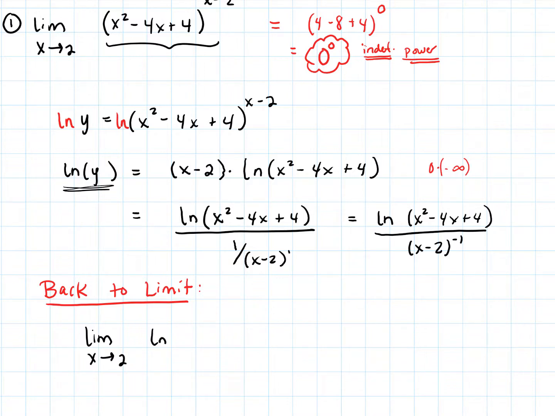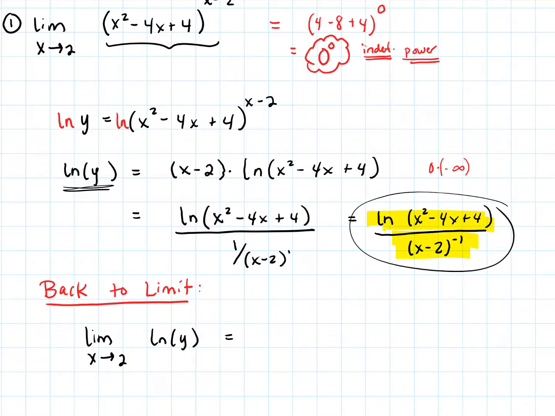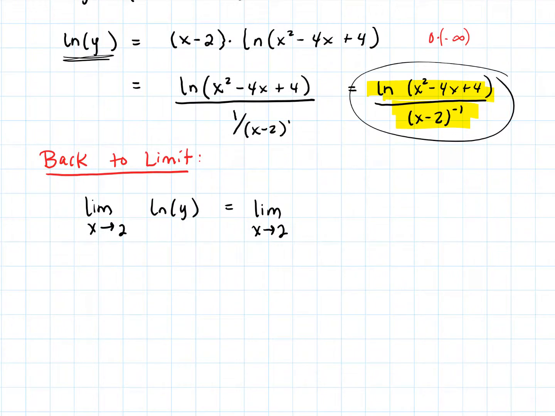So remember, you're not taking the limit of the function, you're actually taking the limit of the natural log of y, but that is equal to this. So we can utilize this form. This is the limit as x approaches 2 of the natural log of x squared minus 4x plus 4 over x minus 2 to the negative first.